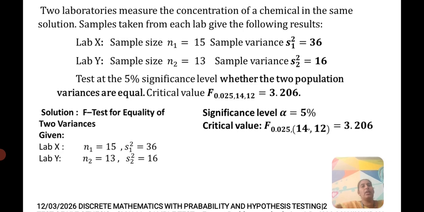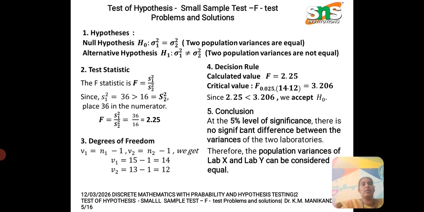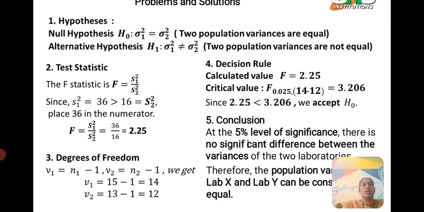3.206, but we have considered alpha as the 5% level. At the 5% level we have to conclude whether we accept or reject the hypothesis. Already we have fixed the null hypothesis that the two population variances are equal, and the alternate that they are not equal. So F equals S1 squared by S2 squared, where 36 is greater than 16.